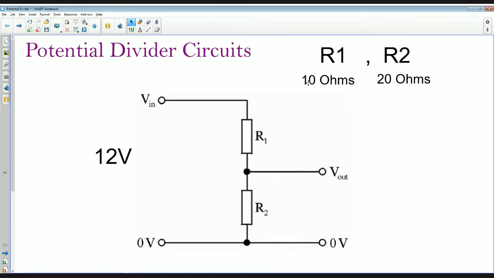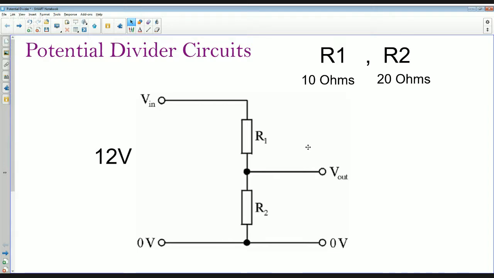Now, a 10 ohm resistance means that this is an obstacle that's easier to cross compared to a 20 ohm resistor, because this will take more energy to cross, right? But the thing is, when they split the potential, it's divided into two parts.